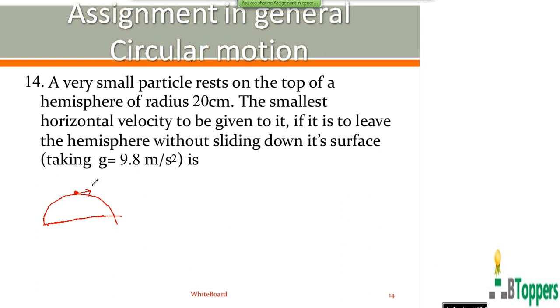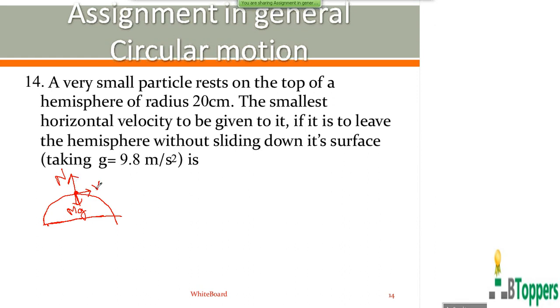Let v denote the magnitude of the velocity given to the particle. The weight mg of the particle acts vertically downwards. The normal reaction force on the particle by the hemisphere acts perpendicular to the surface of the sphere, directed upwards.